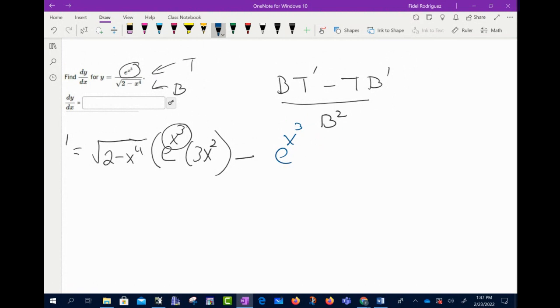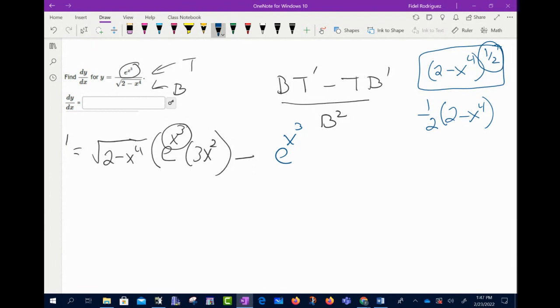Y'all agreed that the square root of 2 minus x to the fourth, could I write it like this, as the bottom to the power of 1/2, because the square root is the same thing as the power of 1/2. So if I'm trying to take the derivative of this guy, don't I bring the 1/2 to the front, times 2 minus x to the fourth?